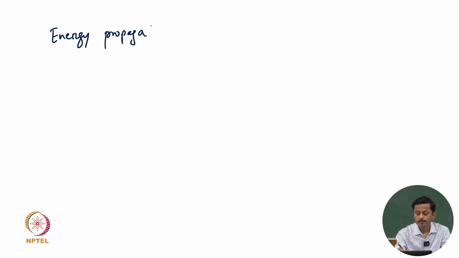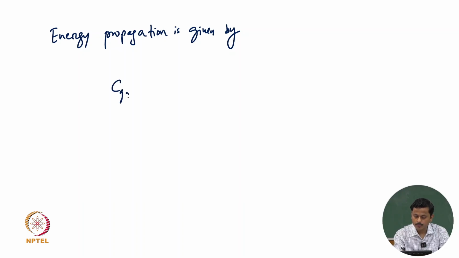The propagation of the energy is given by the group velocity, as we saw in the wave kinematics discussion. The group velocity in the x direction is the speed at which energy is moving in the x direction, x direction meaning the coordinate system that we have designed.